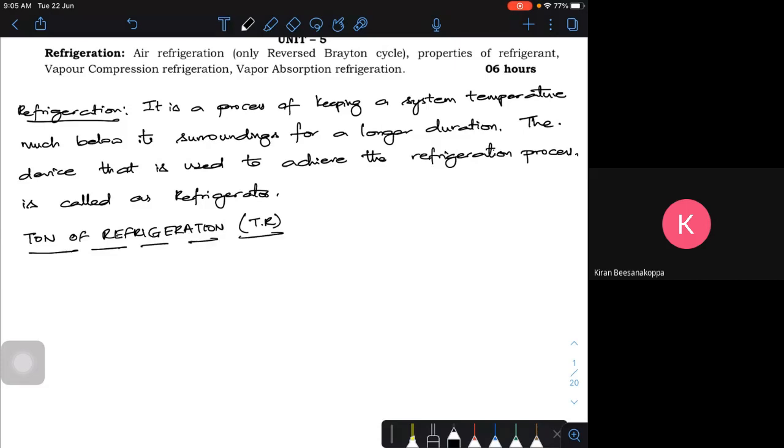So what is meant by ton of refrigeration? There are two definitions. One definition is as per ASHRAE.